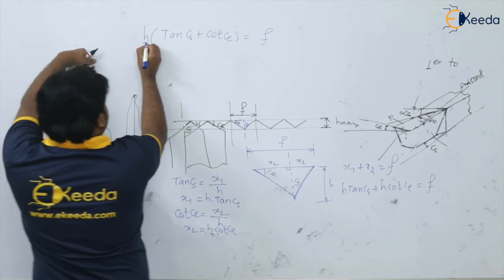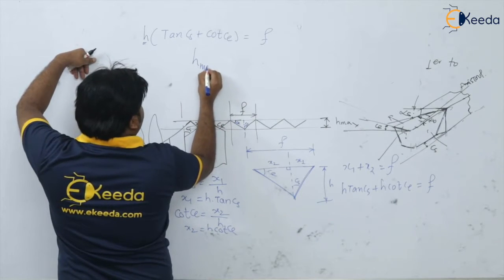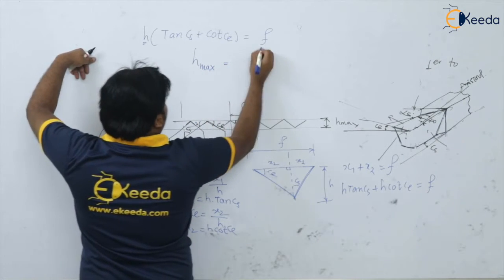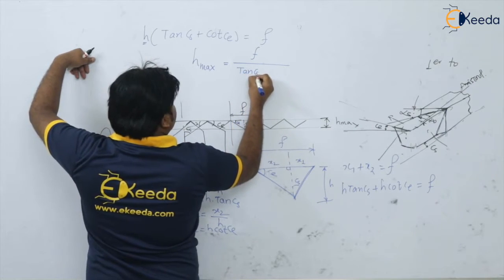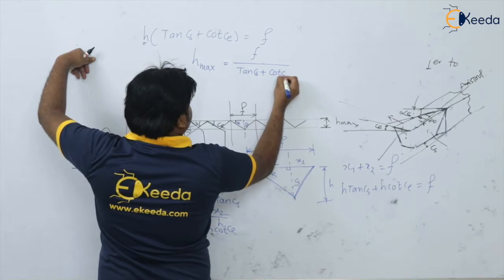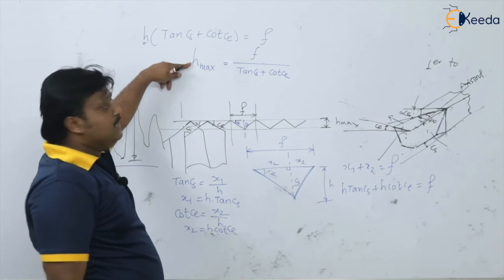We are interested in H, the maximum peak to valley distance. So H max is equal to F divided by tan CS plus cot CE, and this directly gives us the surface finish.